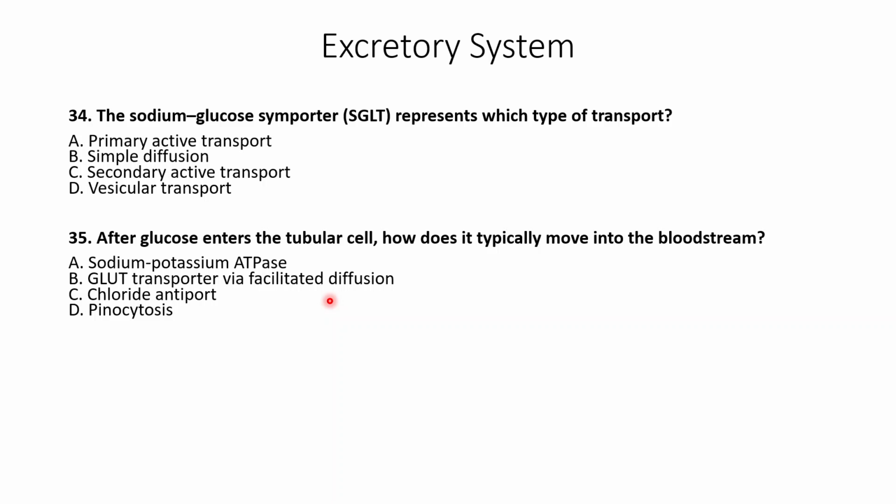Now what is facilitated diffusion? We talked about simple diffusion, we talked about primary and secondary active transport. There's also this process of facilitated diffusion. This is where molecules move down their concentration gradient through a membrane protein without using ATP.